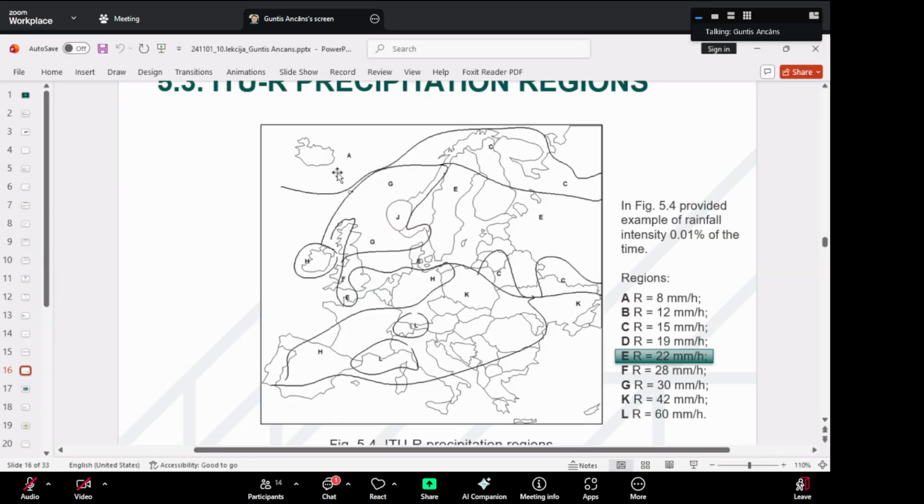We see this letter A, and rain intensity is very small. For example, this E, where Latvia is also, the average rain intensity is 22 millimeters per hour.